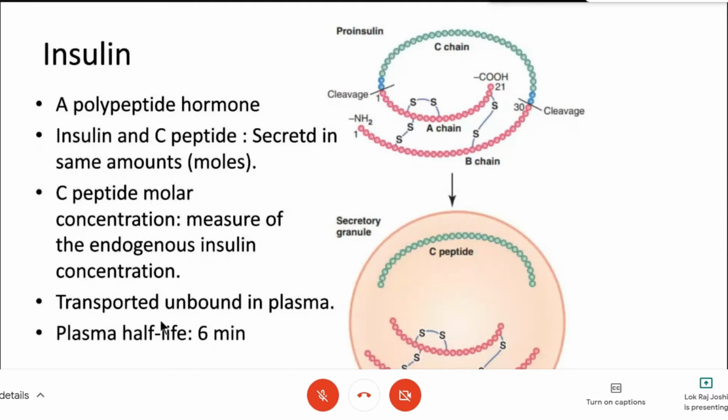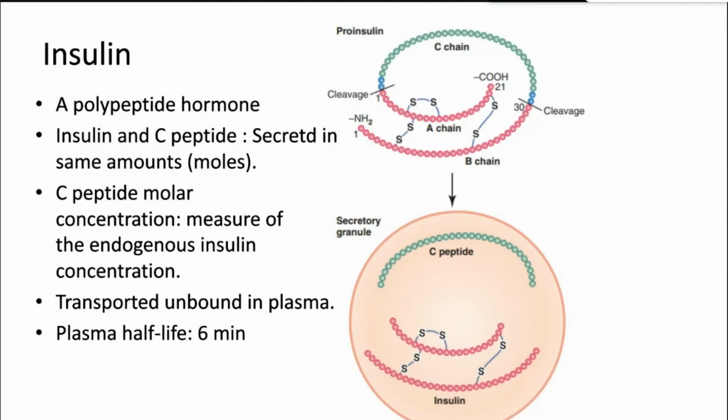Insulin is transported unbound in plasma, and it correlates with the polypeptide nature of the hormone. If it was a steroid hormone, for example, it would be bound with proteins. And its plasma half-life is short, and we know for polypeptide hormones it is shorter than for lipid soluble hormones. For example, thyroxine lasts some days, and here it is in minutes.